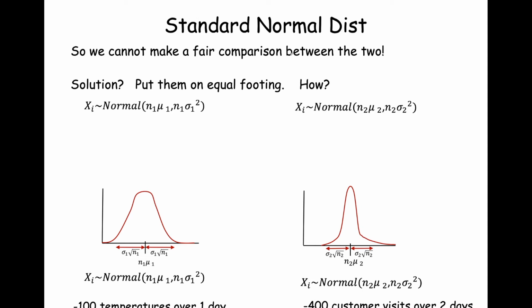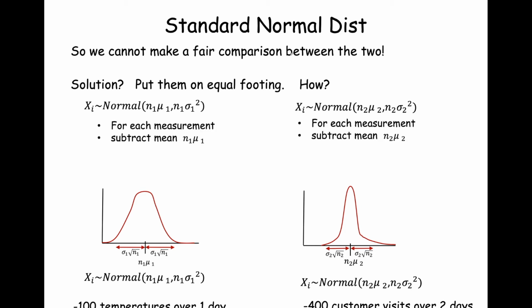Okay, well, we start out with our two different normal versions or equivalents of our original distributions. For each measurement that we have, we're going to subtract the mean n1 mu1 and n2 mu2. That's for the normal version of it. So we're going to have here a distribution of Sns over temperature, and here we're going to have a distribution of Sns over customer arrivals. So now that we subtract the mean, the next thing that we do is we divide the result of subtracting the mean for each measurement.